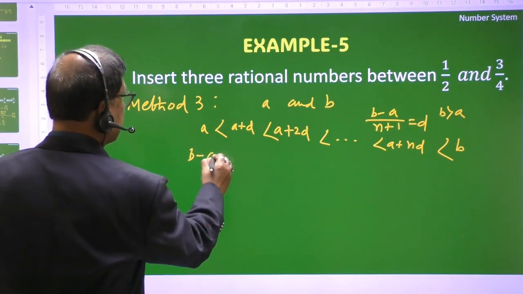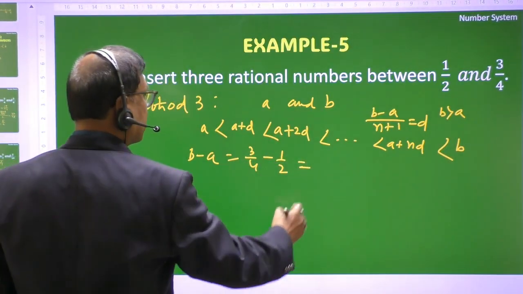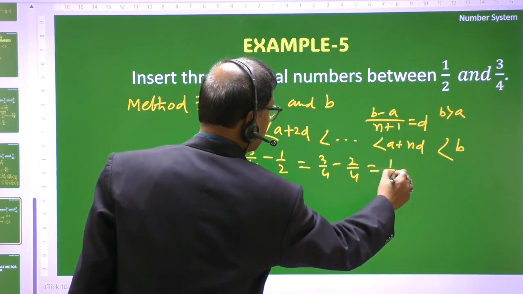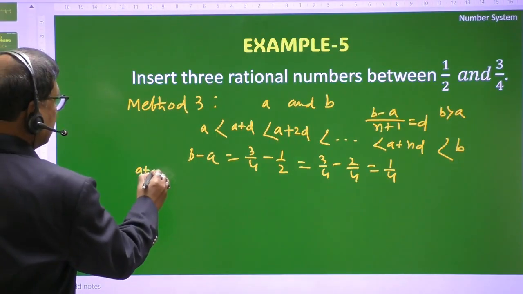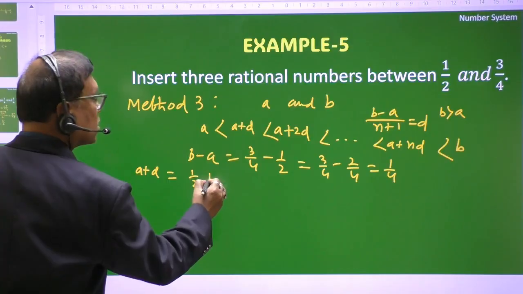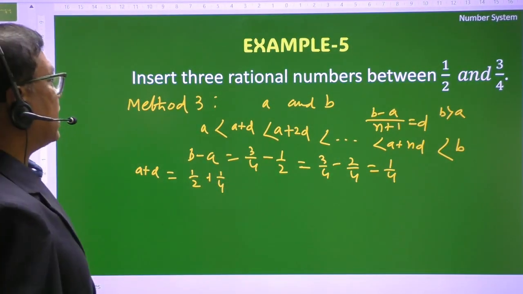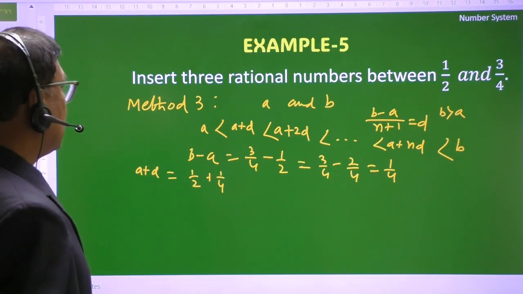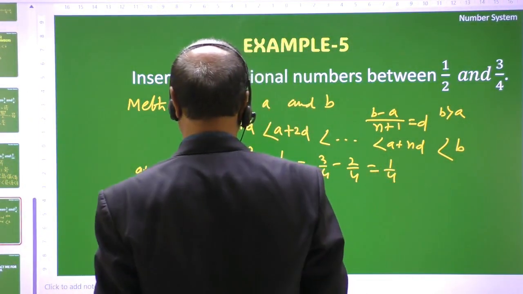What is B minus A here? 3/4 minus half. That means 3/4 minus 2 by 4, that is 1/4. Yes. So A plus D value, that is half plus D. B minus A value is 1 by 4. Yes.